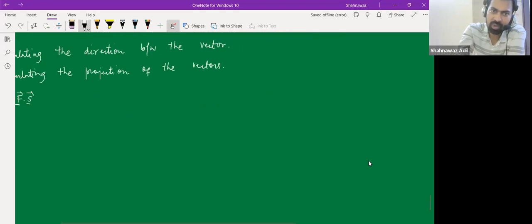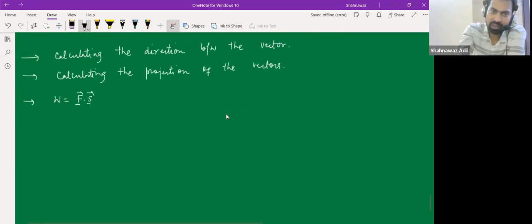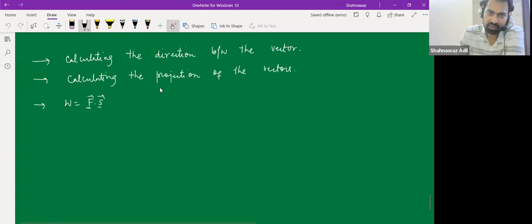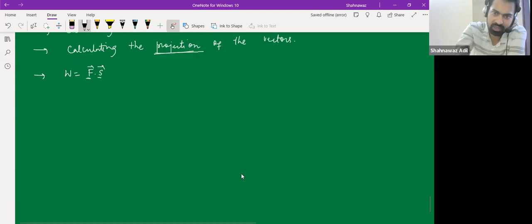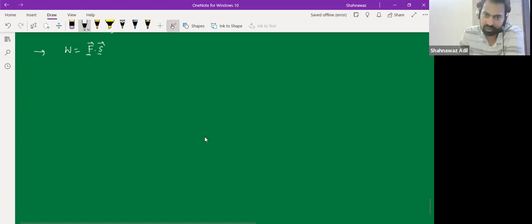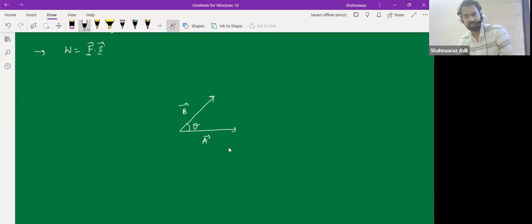So let us talk about the projection of the vector. I have done it already in the class, so I'm just revising. Let's say I have this A vector and this is another vector B. What is the meaning of the projection?